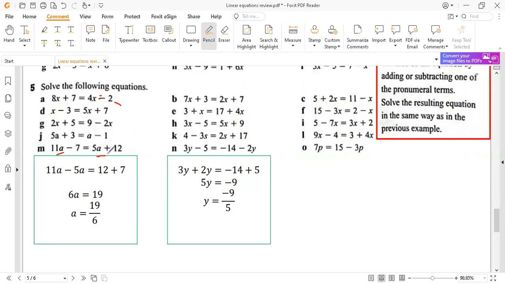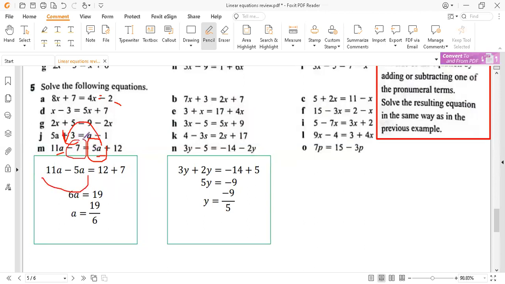Even though the variable is on both sides, we can combine it. We move 5a to the left-hand side, or we subtract 5a from both sides, as we said before, so we have 11a minus 5a.